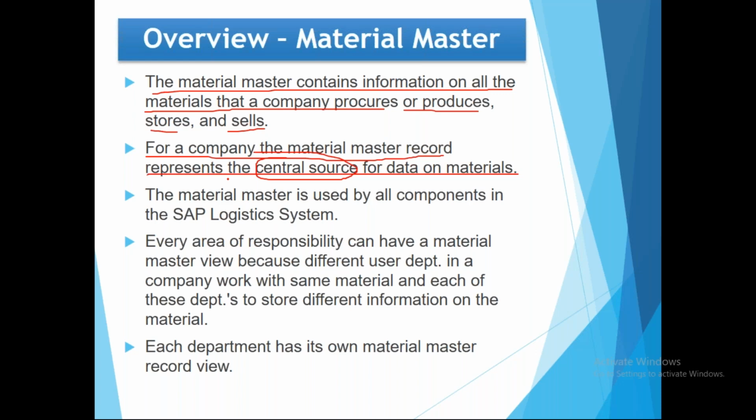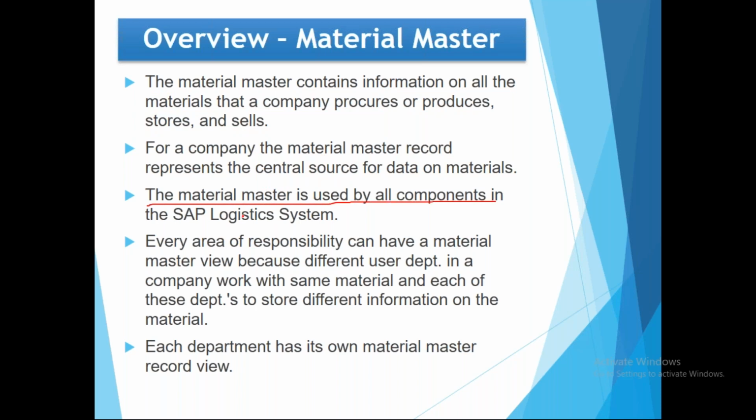Basically, the material master record will contain the data from all the departments within the company. That's why it is called central source. The material master record is used by all components in the SAP logistics system. It is not only used by PP. We are learning the PP module, but the material master is used by all the components, all the departments within a company.